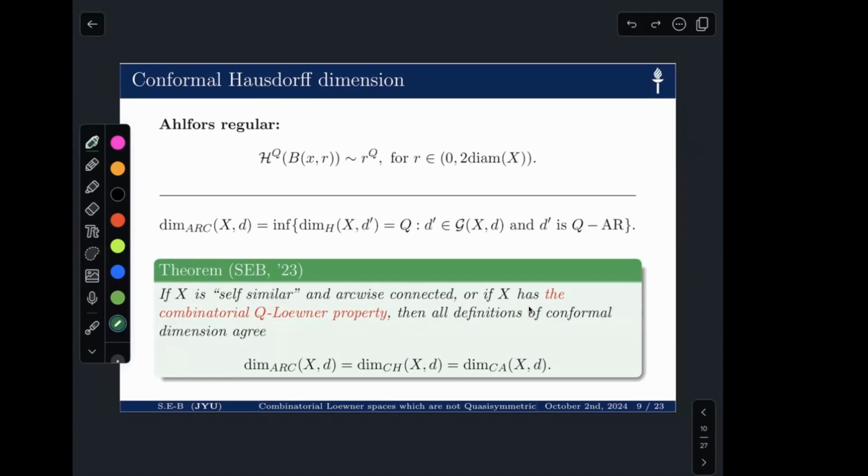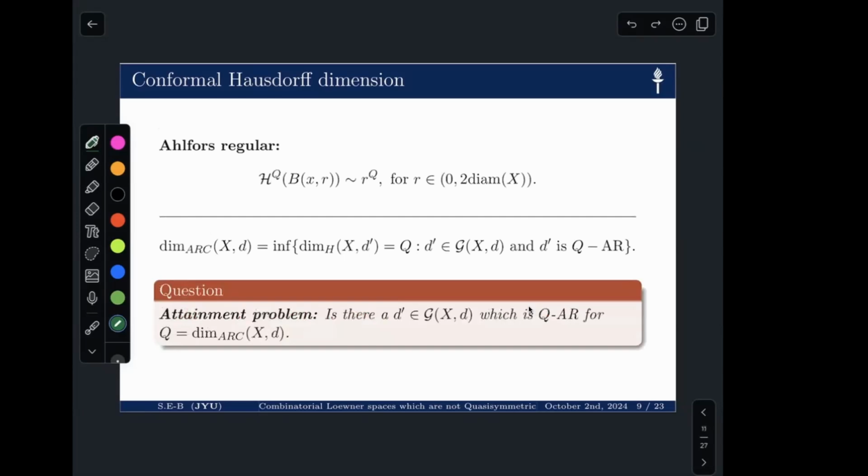This includes everything like the Sierpinski carpet, all manifolds, all Euclidean spaces, all the Carnot groups, etc. So a gigantic amount of examples. And in all of these cases, all the possible definitions of conformal dimension are the same. So for this reason, if you've learned another definition, you can disregard it now and just focus on this one.